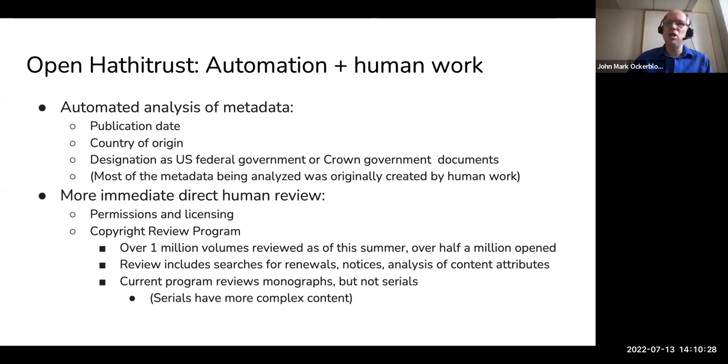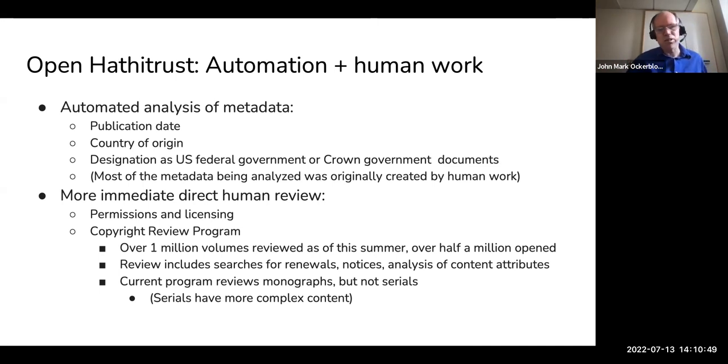Most of those items are open because of automated analysis of the metadata. They look at things like publication date, country of origin, and whether the metadata indicates that something is a US federal government publication or a Crown government publication. And you can use algorithmic analysis to then decide based on that whether it should be open or closed.